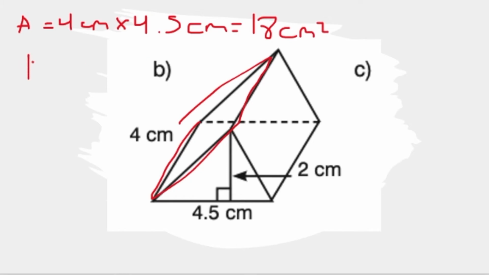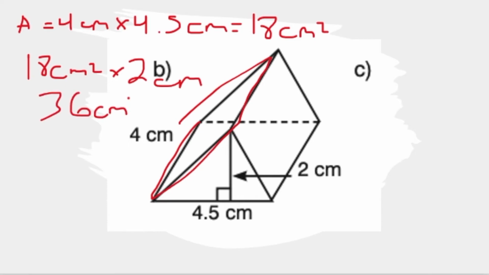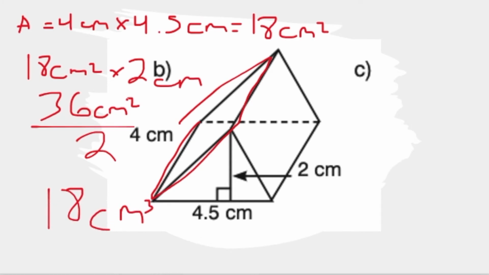Then I can take that area and multiply it by the height, so that'd be 36 centimeters cubed. Then I can divide everything by 2, because right now I have the rectangular prism and I need to find the triangular prism. And so that'd be 18 centimeters cubed. If that's easier, just find the area first of one of the flat surfaces, the rectangle, and then add in the height, or you can do it all in one.